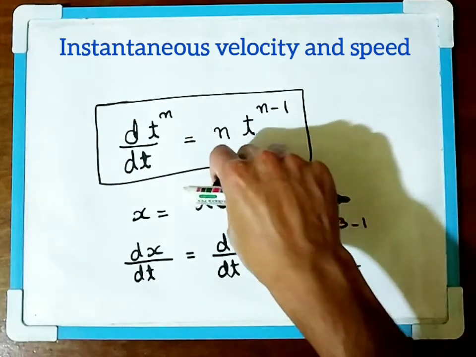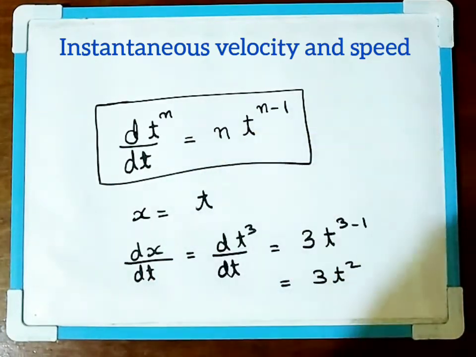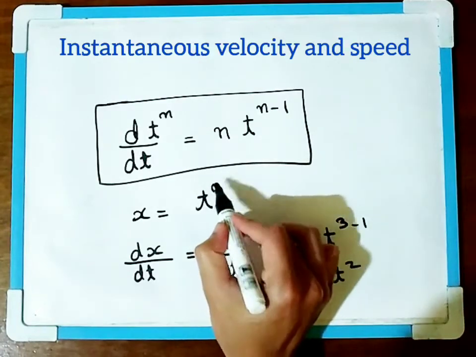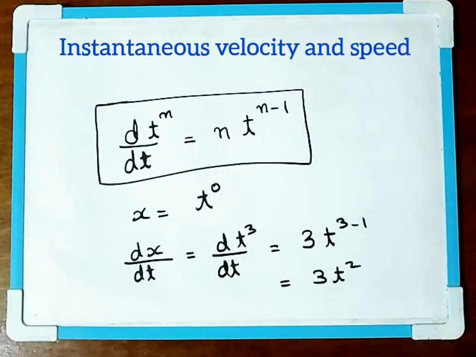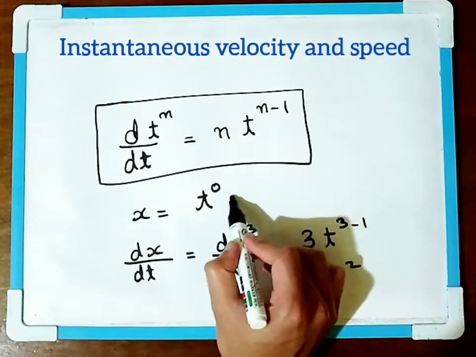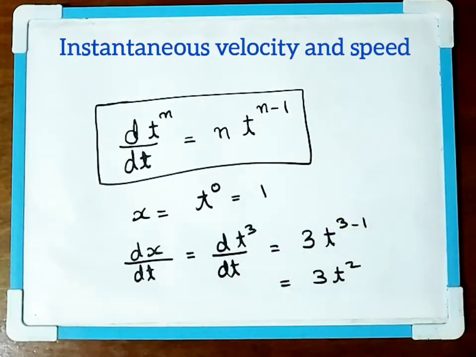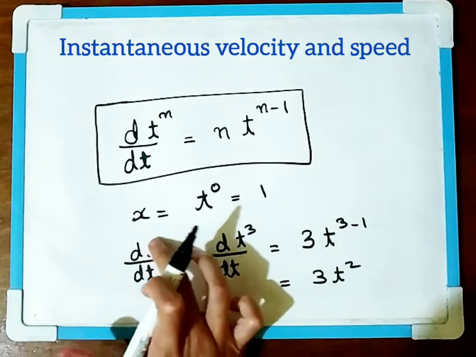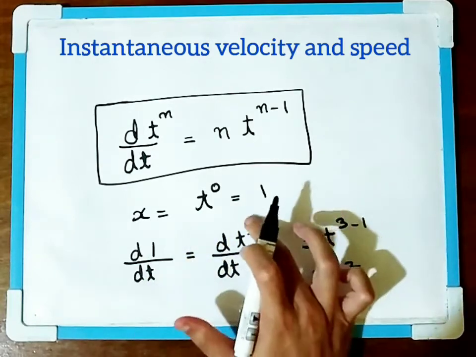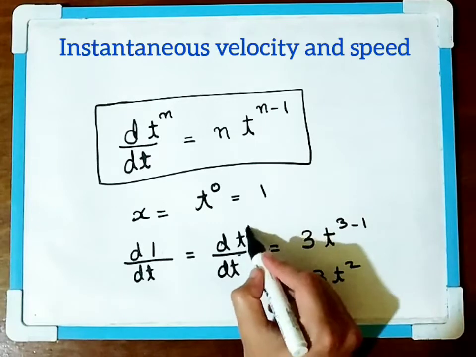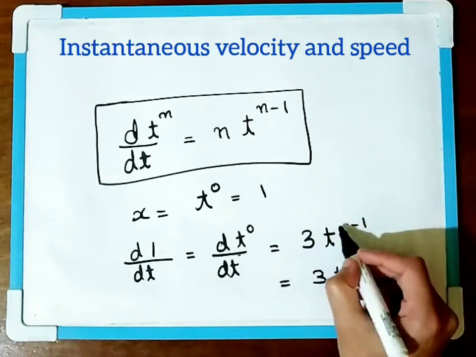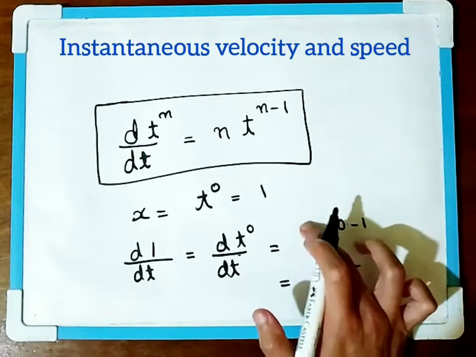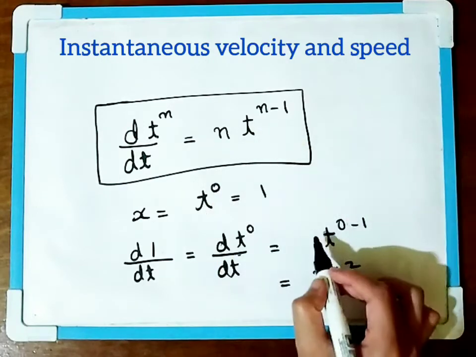Then if you have another case when n is 0, then anything to the power 0 is equal to 1. So here your x is equal to 1, and the derivative of this 1 is d/dt of t to the power 0, and here also n is equal to 0.